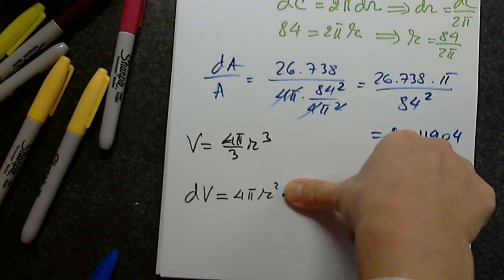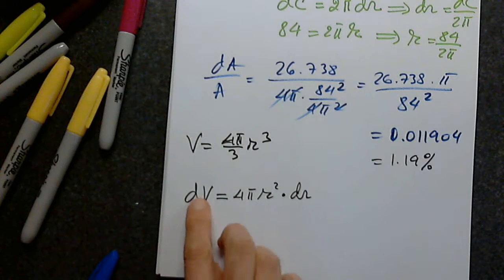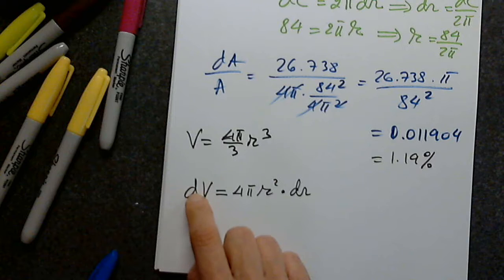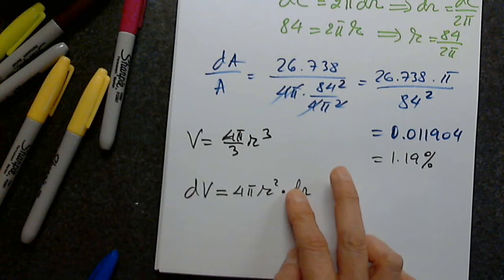When you write dV, you must end with some d-something, because dV over dr is f prime. So when you are asked to find dy, you have to write f prime dx.